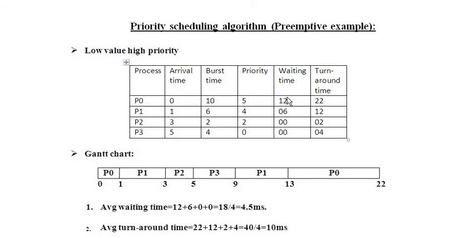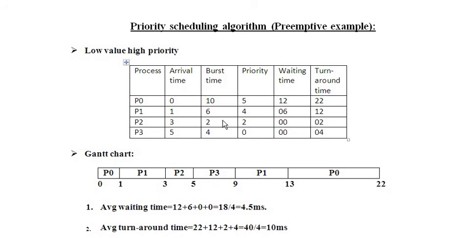I repeat, 13 minus 1, minus arrival time 0, is 12 milliseconds. Now P1's last slot starts at 9 milliseconds. Now 9 minus 2, because it has already executed for 2 milliseconds between 1 and 3. So 9 minus 2 and its arrival time is 1, that is 9 minus 2 minus 1, which is 6 milliseconds.